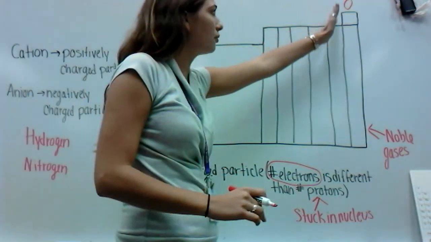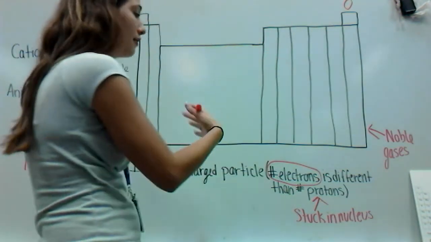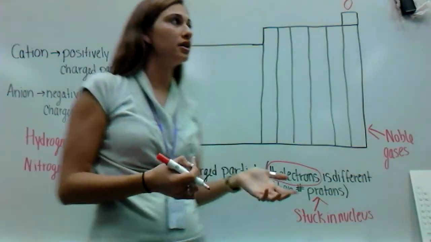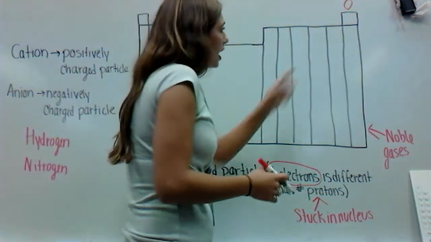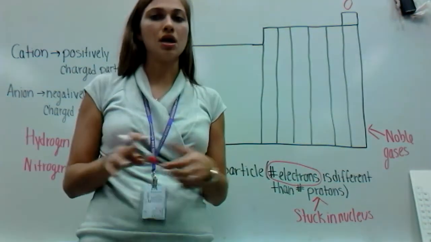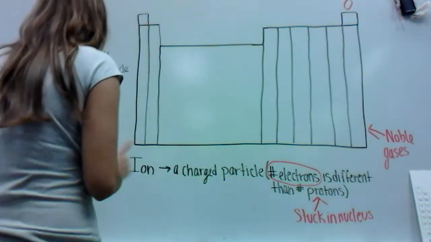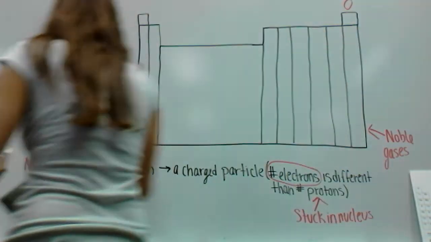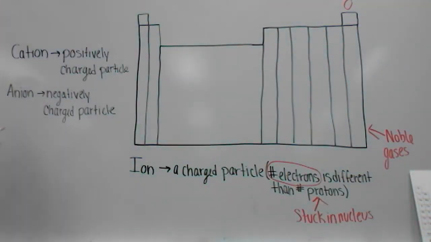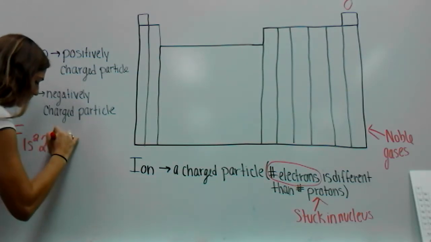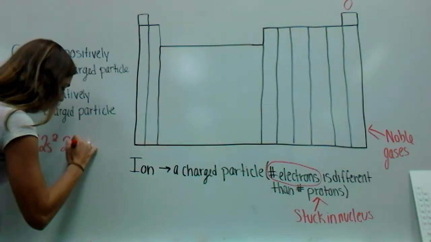Now if we're going to start going right to left, if we go over one column, now we're in our halogens. If I were to do the electron configuration for fluorine, it'd be 1s2, 2s2, 2p5.